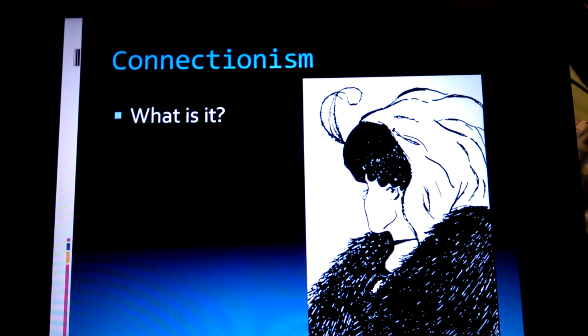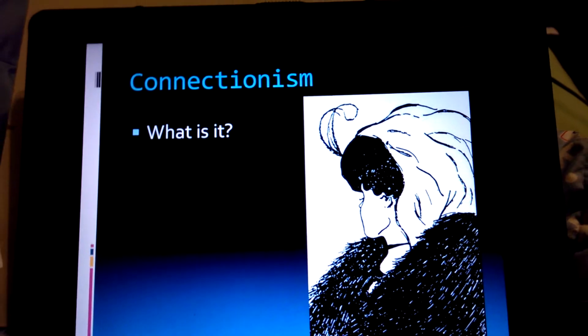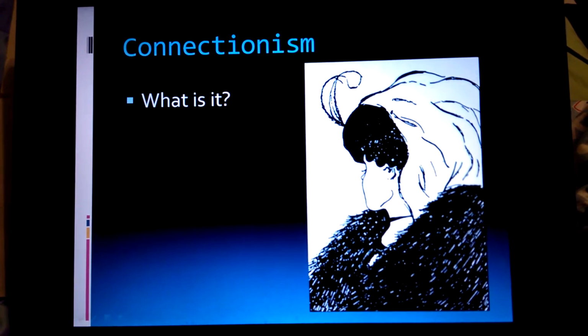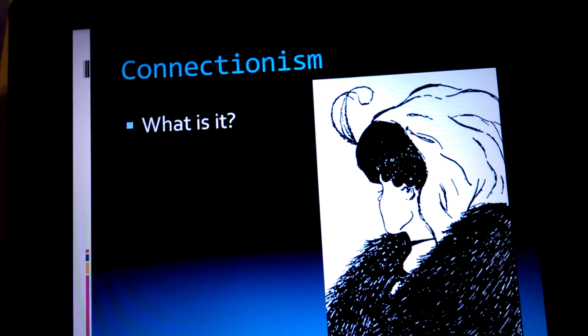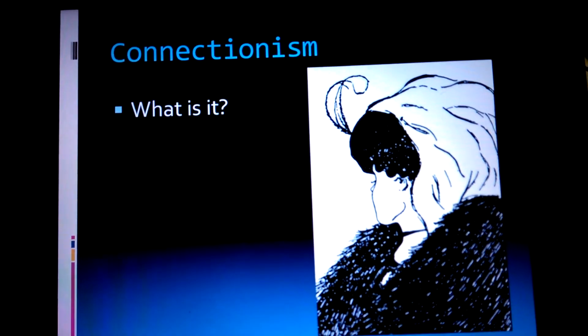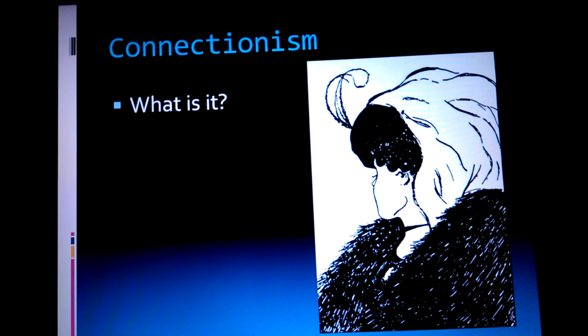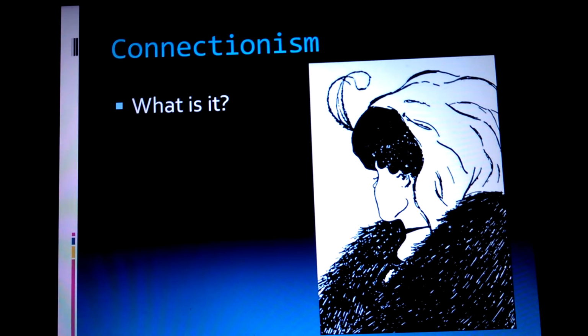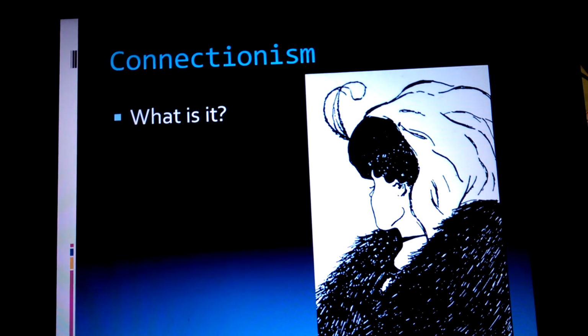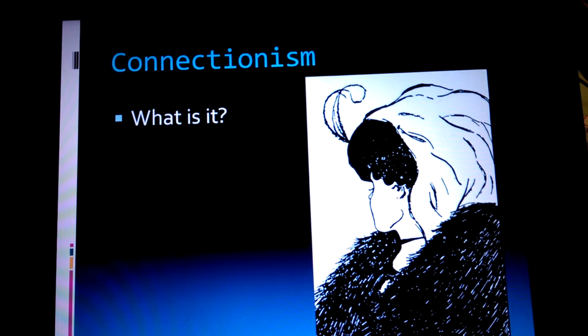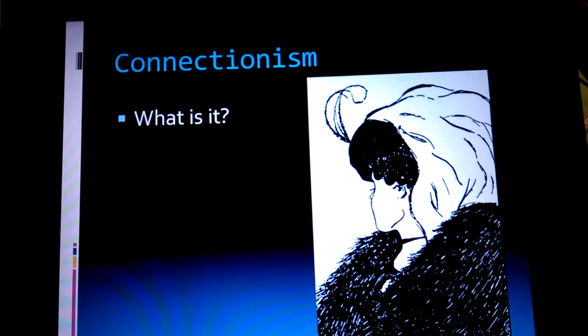Now we're going to talk a little bit about connectionism, which is a big part of cognitive psych. So what is it? Connectionism. The connectionist view uses neural processes as a metaphor for cognitive processes. Because the nervous system processes information simultaneously along many pathways, parallel processing is one of its key features.